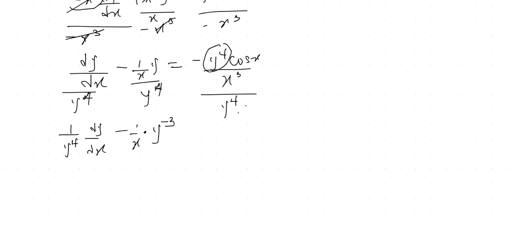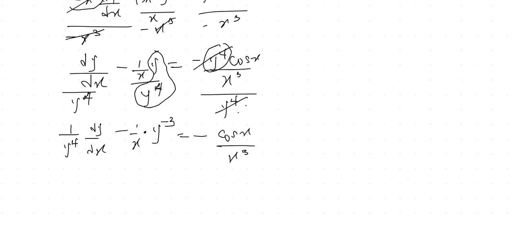Then it equals this. You automatically remove it, then you have minus cos x over x raised to the power of 3.